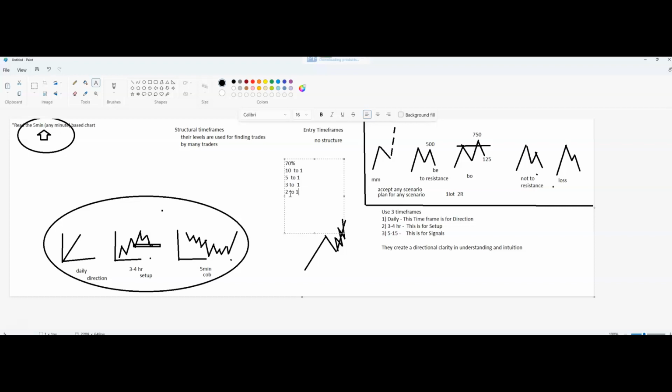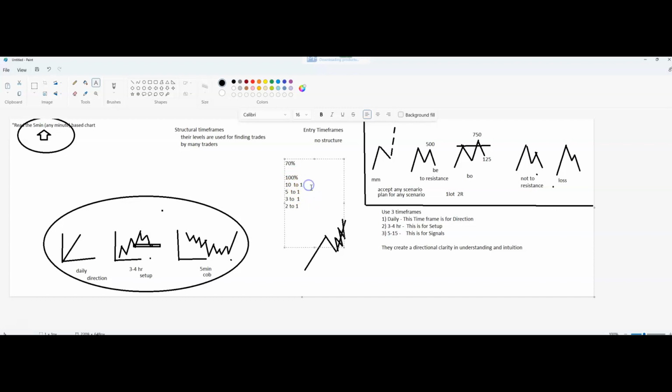Even when it goes down, out of the 70%, let's say that's 100% of the winners, almost all of your winners did at least about 2 to 1. So out of 100% of your winners, almost all went to 2 to 1.